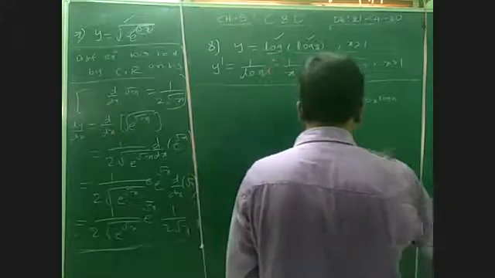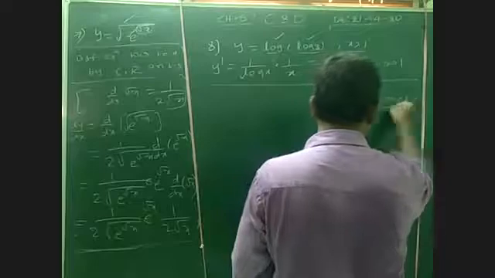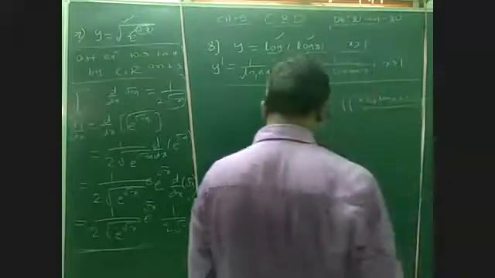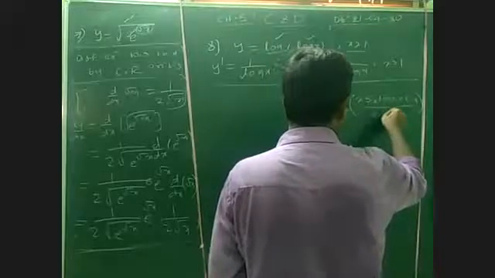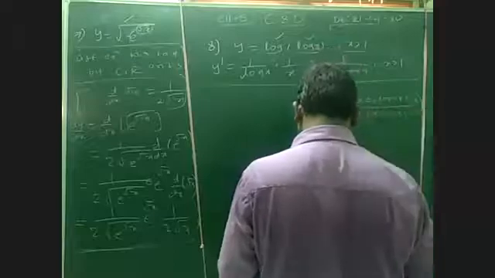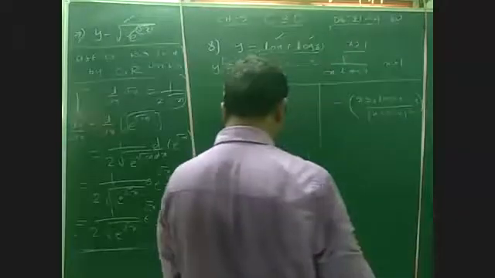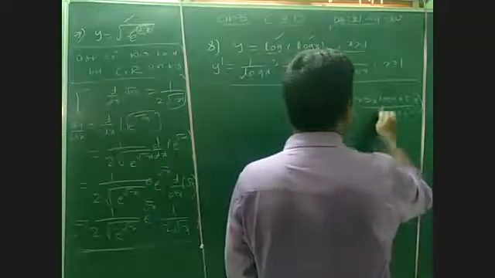X sin x log x plus cos x. That's all. Close the bracket, by x log x square. Only for log.